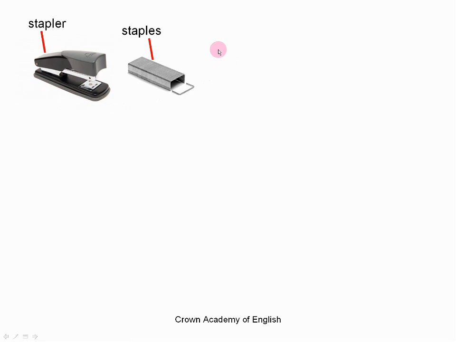And if we want to remove staples from a sheet of paper, we use a staple remover. So we use a staple remover to take out or to remove the staples from a piece of paper.